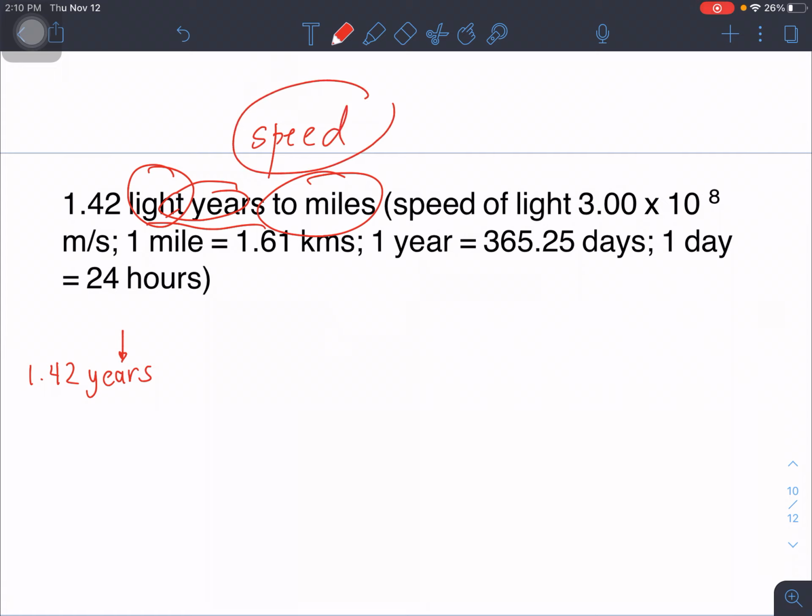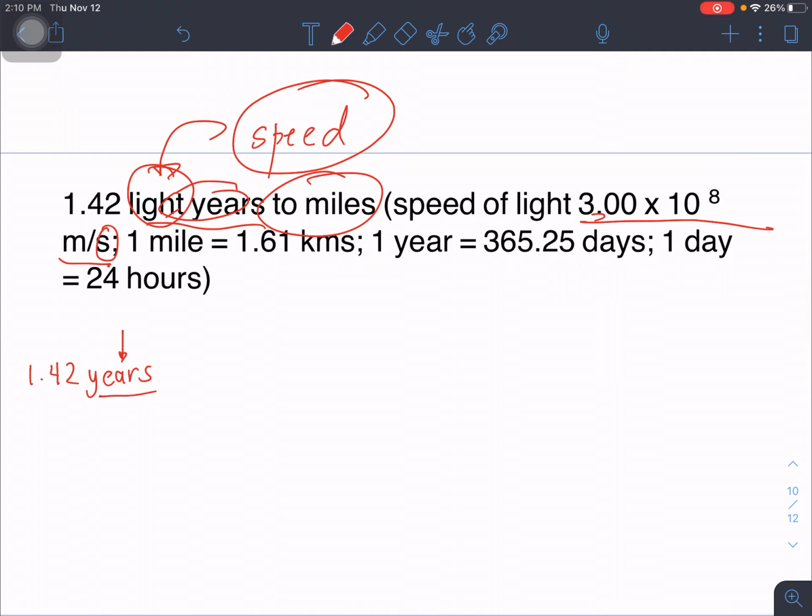So we should have the speed of light. The speed of light is 3 times 10 raised to 8 meters per second. So this is in the unit of seconds. Before we convert it to a more appropriate distance unit, we should first convert years to seconds.